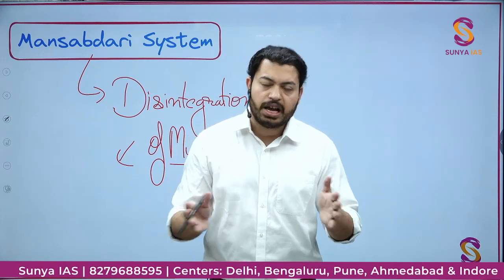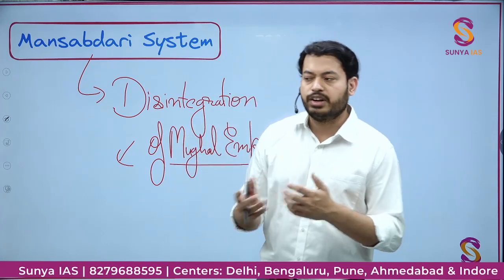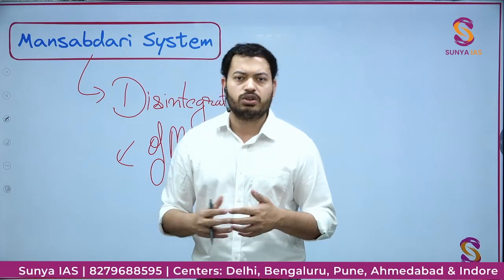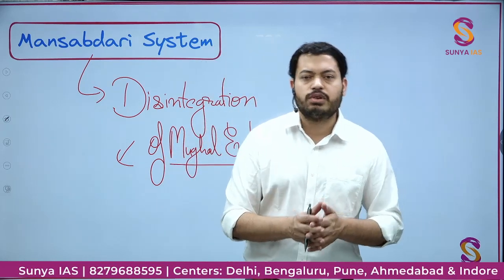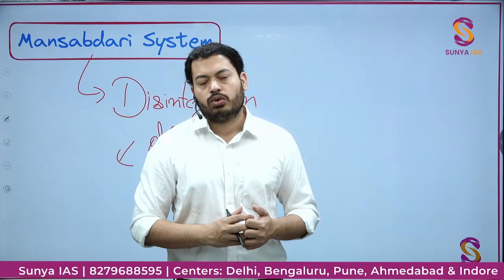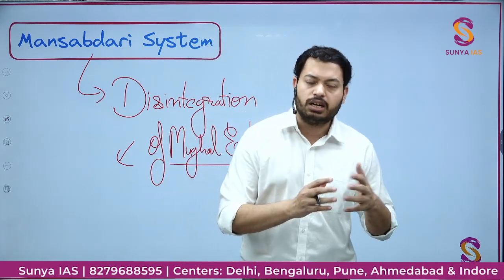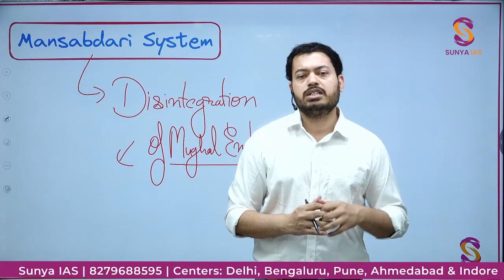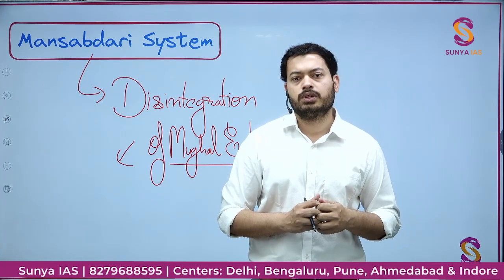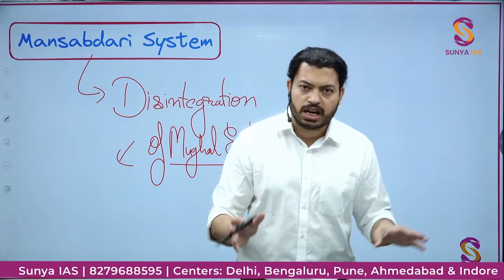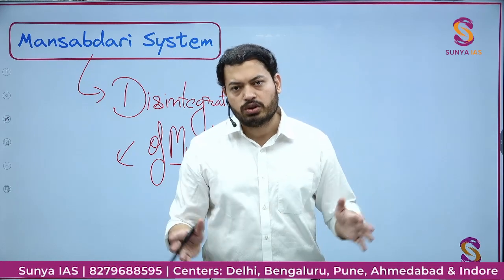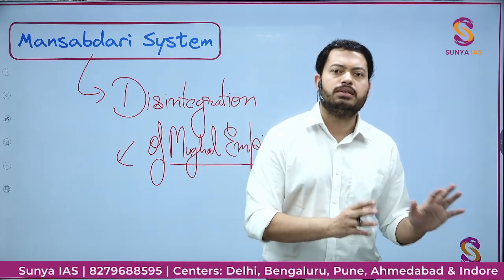Similarly, he will have a lot of cavalrymen also. To maintain all this weaponry and these men who are at the beck and call of the Badshah, he also needs a consistent source of finances, and therefore a Jagir, a huge amount of territory, was allotted to these people.